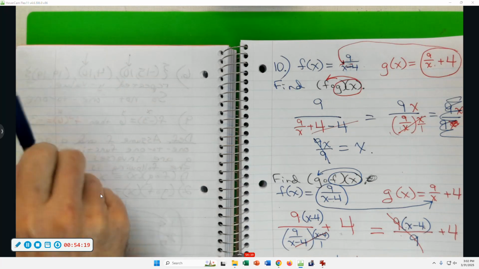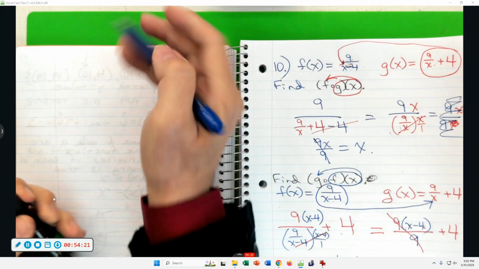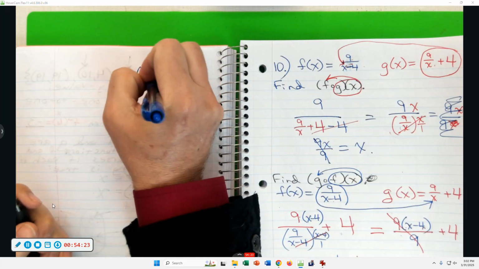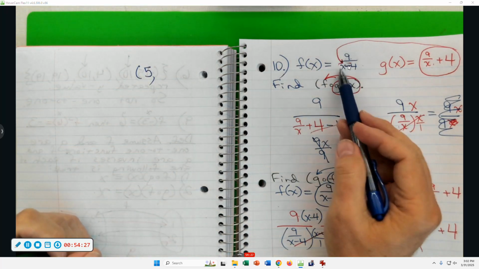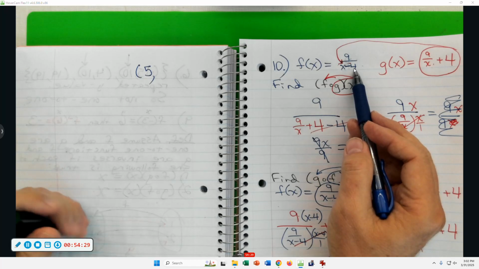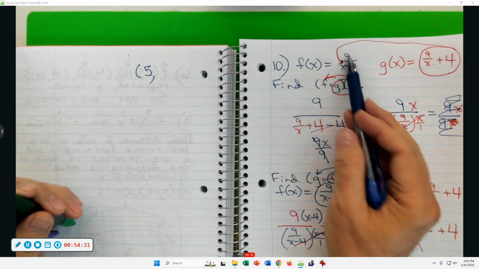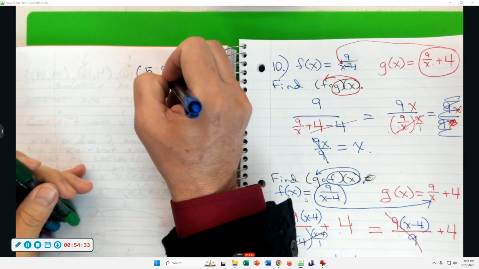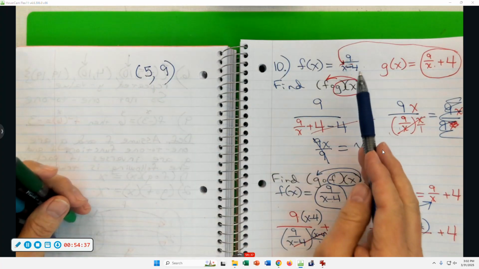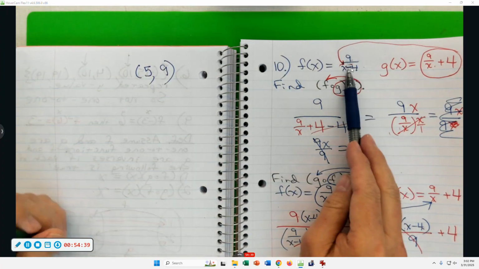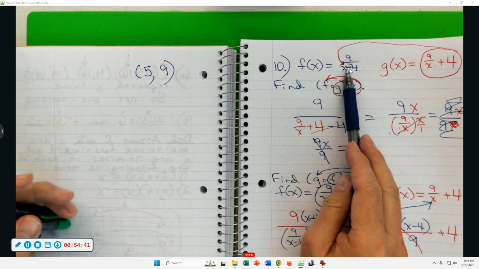Don't bother writing this down, just listen to what I'm saying. If x is 5, you're plugging 5 into f. 5 minus 4 is what? 1. So 9 over 1. The ordered pair 5, 9 is generated by that function f.